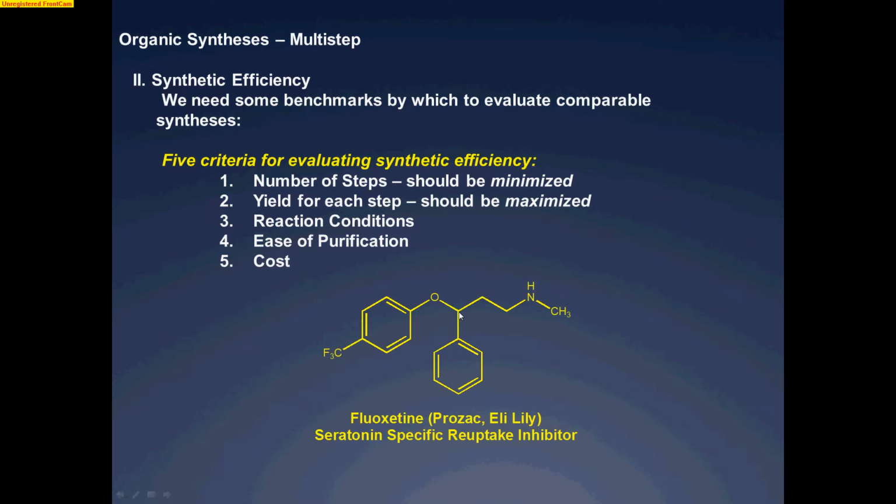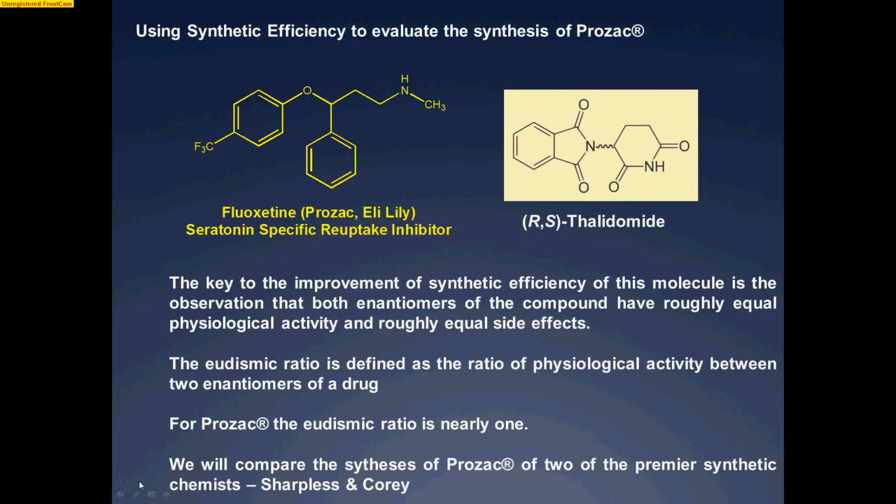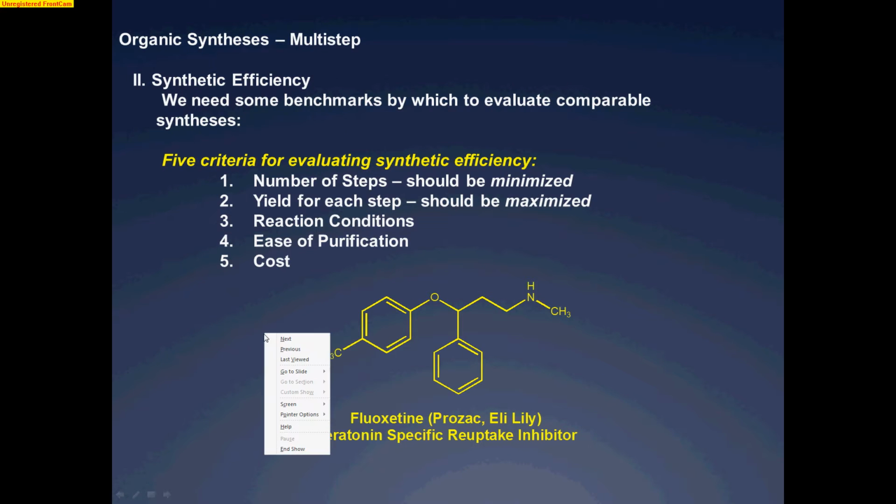It is important to note that originally Prozac was identified as a single enantiomer drug, that only one enantiomer of this molecule was shown to be effective, and consequently it was important in early syntheses of Prozac to only generate that enantiomer.